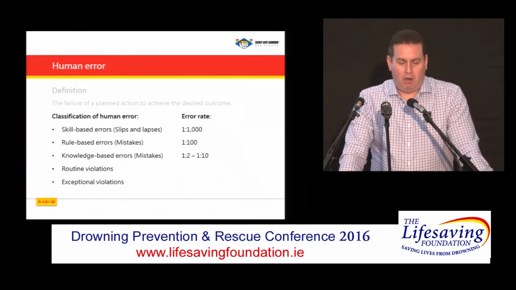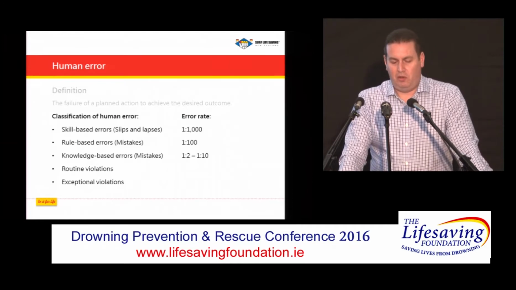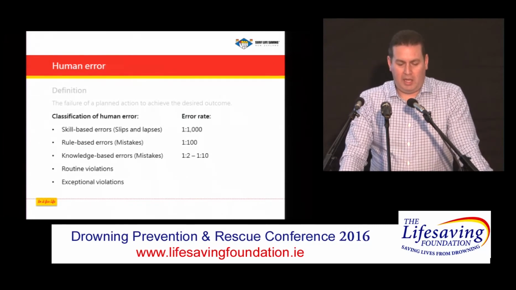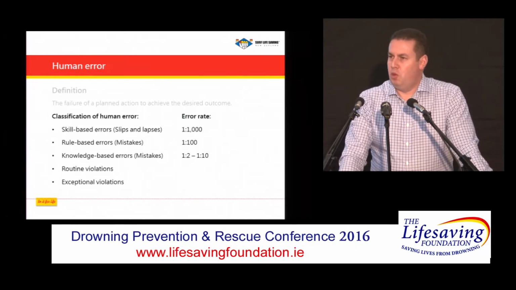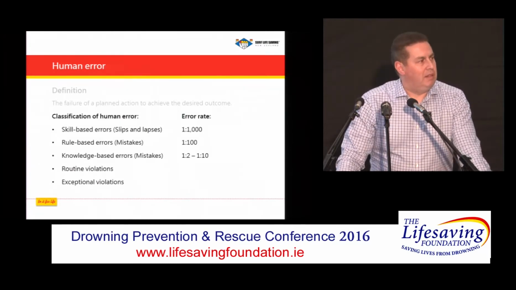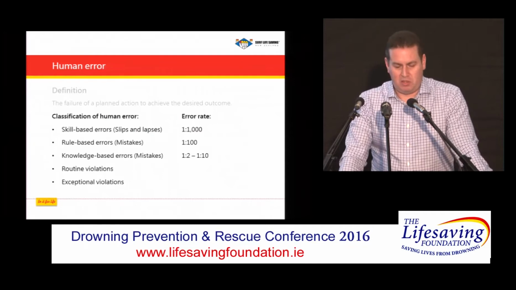So if you look at the error rate, you'll notice that it's a lot lower for the skill-based errors. These are things that we do more commonly. And as we start having to use a bit more grey matter, a bit more brain power, you'll see that the frequency, that error rate, increases.